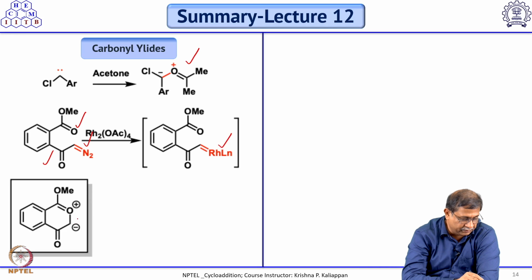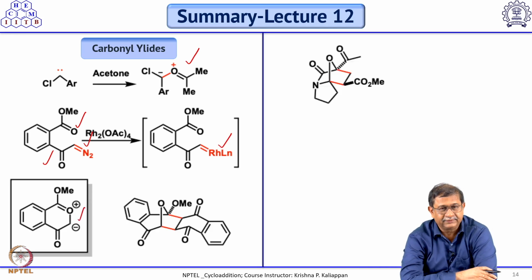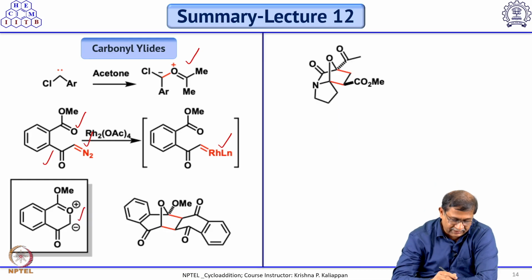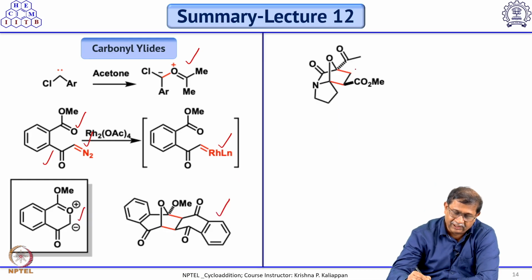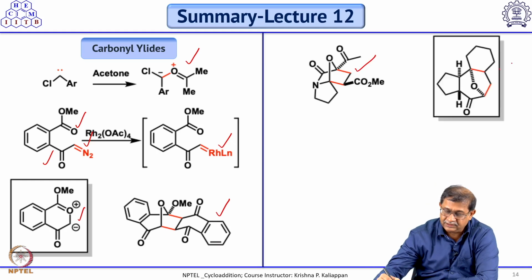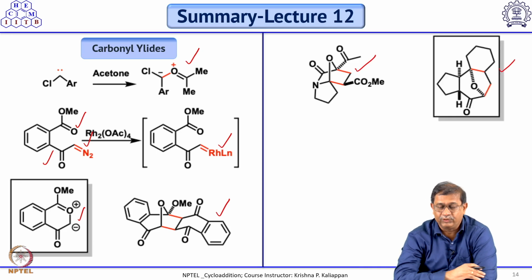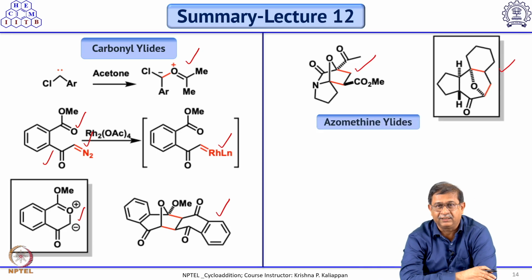That can in principle generate these carbonyl ylides, which in turn can undergo dipolar cycloaddition with various dipolarophiles like naphthoquinone, alpha beta unsaturated ester like methyl acrylate, and sometimes you can see such carbonyl ylides can also undergo very interesting intramolecular 1,3-dipolar cycloaddition to give such tetracyclic compound.